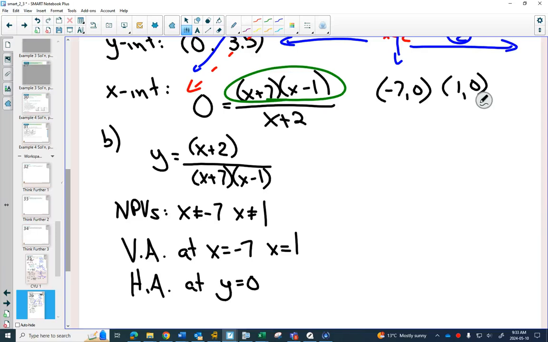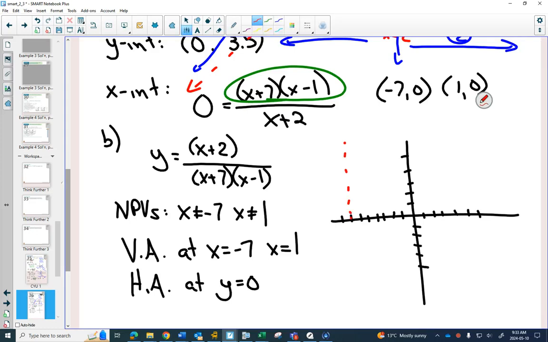And that means you have a horizontal asymptote at y equals 0. I'm going to start graphing this. So, negative 7. And at 1. And at y equals 0.